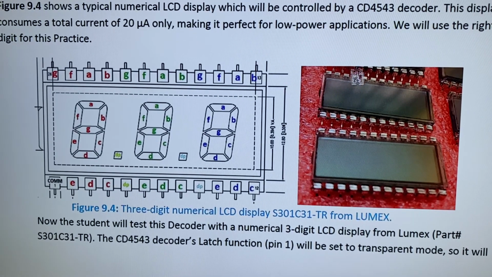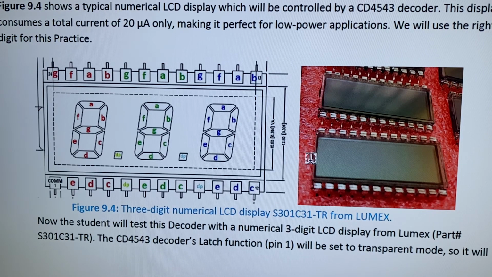So when we have LCD displays like this one, you can see that these displays have a mark right here, which indicates pin number 1 is here through pin number 12, pin number 13 is here, and 24 is there. So you have to count them this way, 1 through 12, 13, 14, until you reach 24.